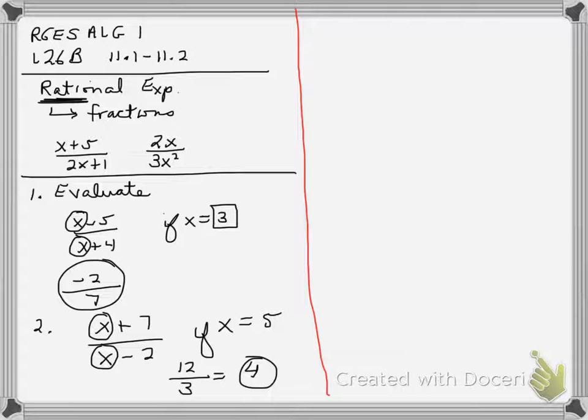Now, there are a couple things that might go wrong, quote unquote. What if I had that same rational expression, that means expression with a fraction, and I want you to evaluate it if x equals negative 7.